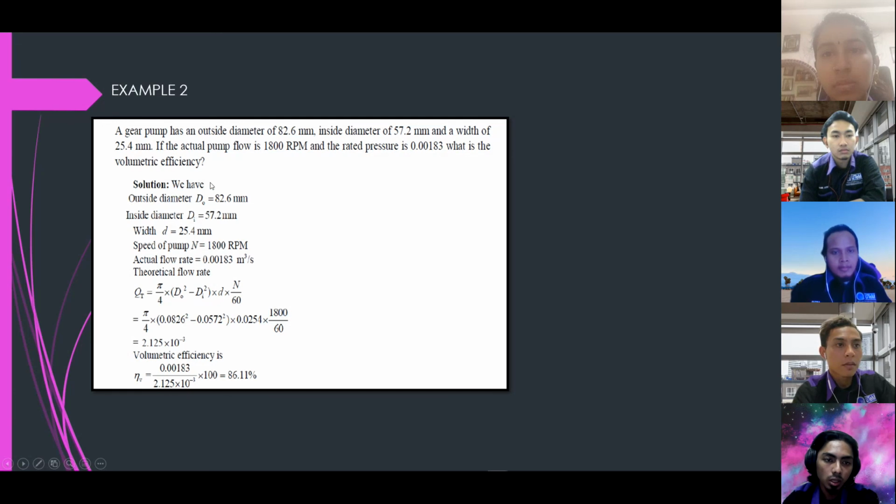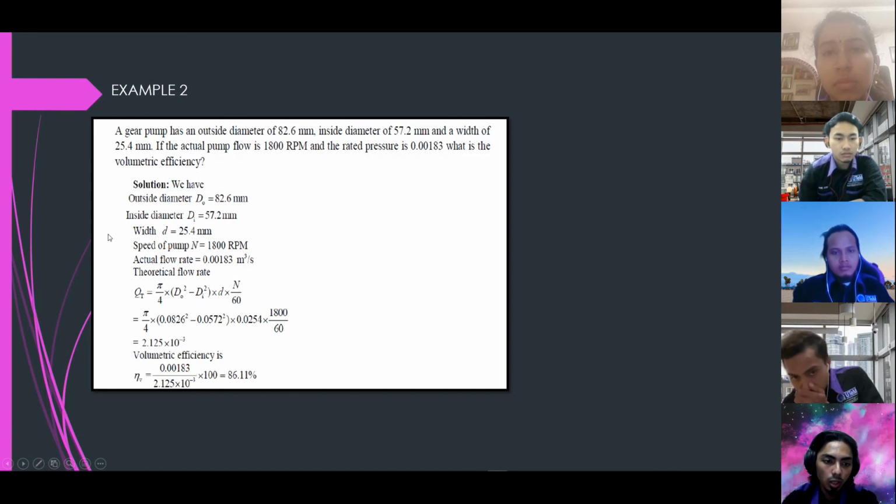The solution is we have the outside diameter is 82.6 millimeters, inside diameter 57.2 millimeters, and the width is 25.4 millimeters. Speed of pump is 1,800 RPM. Actual flow rate is 0.00183 meter cube per second.